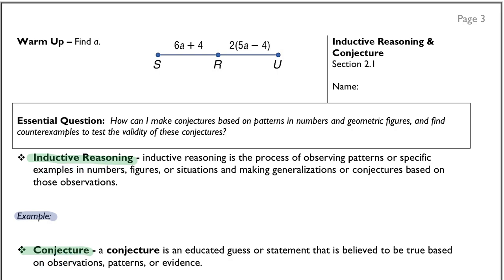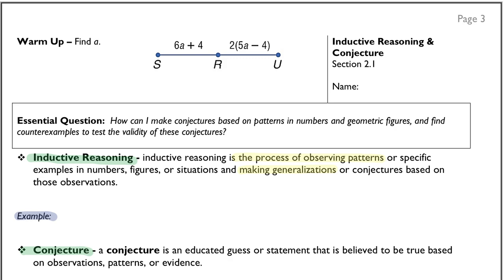So what is inductive reasoning? Inductive reasoning is the process of observing patterns or specific examples in numbers. We're looking for patterns, and making some sort of generalization, which is called a conjecture, based off of these observations.